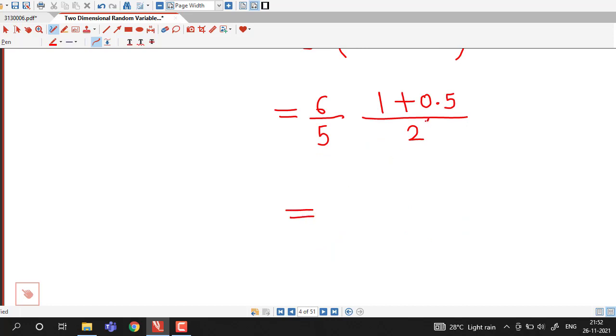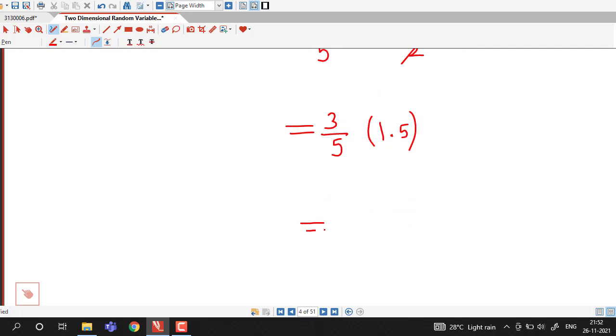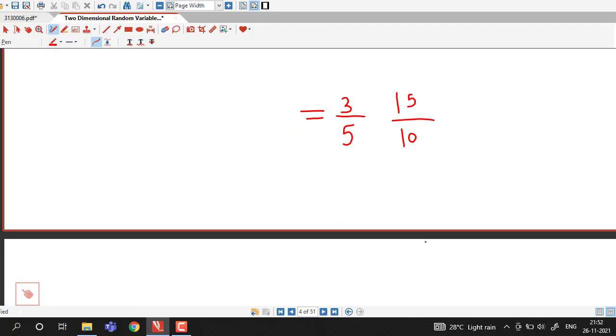So we can further simplify this. This is going to be 3 by 5. This is going to be 1.5. And we can further simplify this by writing 1.5 as 15 by 10. And if we observe, we obtain 9 by 10.